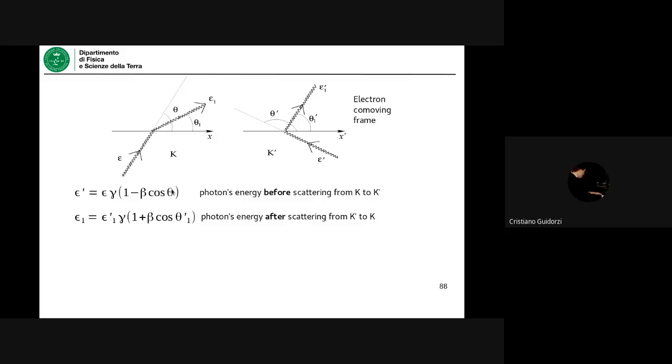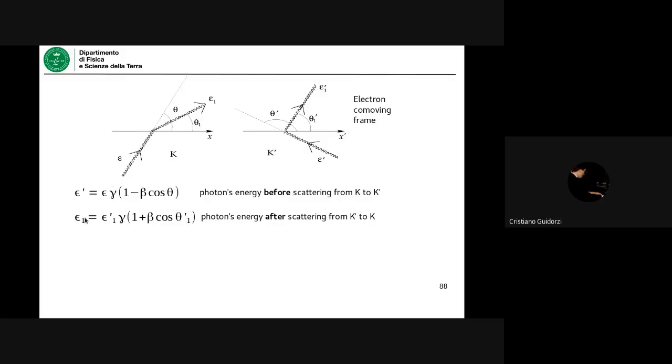Here you start with an angle with respect to the x prime axis of theta 1 prime. So theta becomes theta 1 prime, beta becomes minus beta, and the energy of the photon is epsilon 1 prime, and this gives epsilon 1 because you are getting back from the comoving frame to the lab frame. Again, inverse Lorentz transformation.